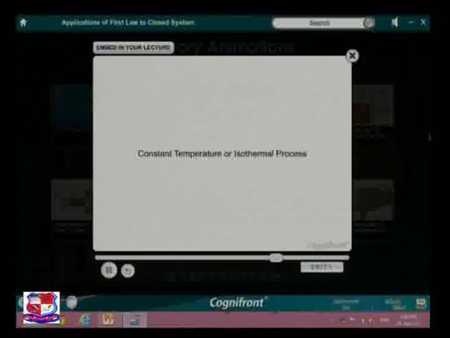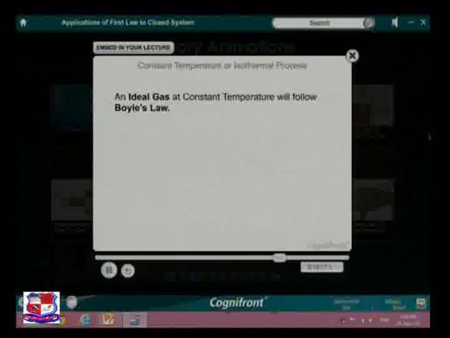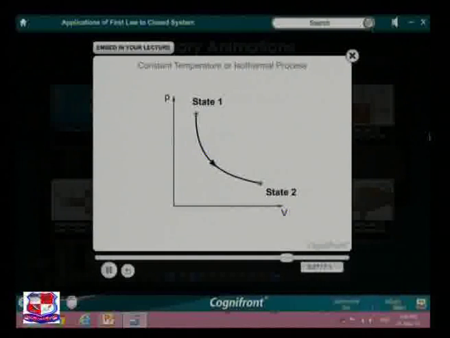Let us study the constant temperature or isothermal process. An ideal gas at constant temperature will follow Boyle's law, that is, P into V equals constant. Observe the PV diagram.